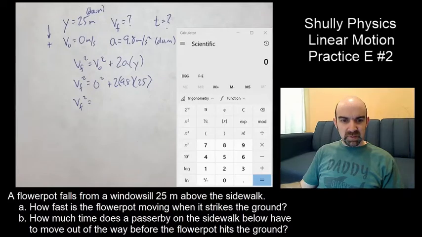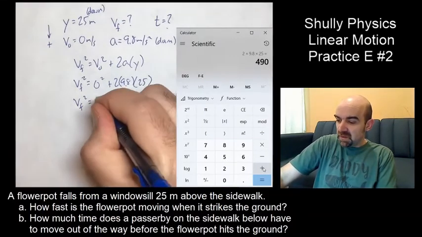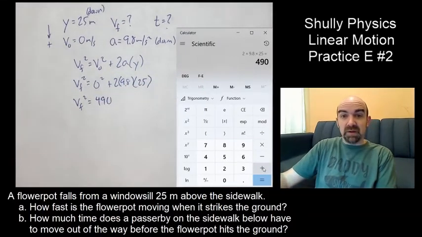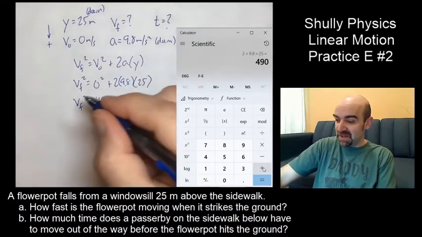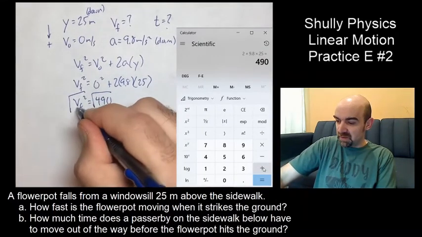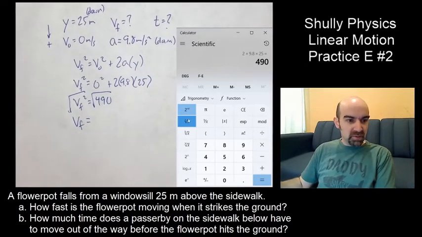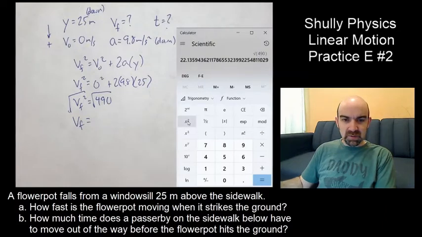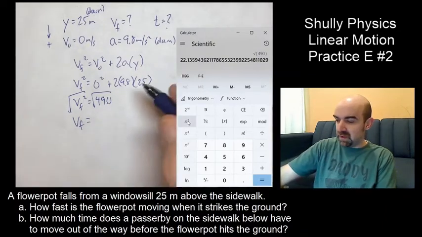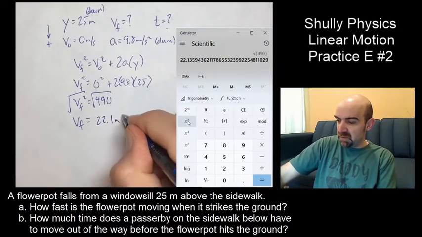We're going to plug in 2 times 9.8 times 25 meters. That's 490. And our final velocity isn't 490 meters per second. It's the square root of that. I'll take the square root of both sides. So I got 22.139, let's say 22.1 meters per second.